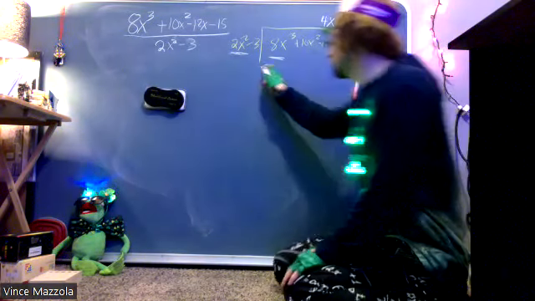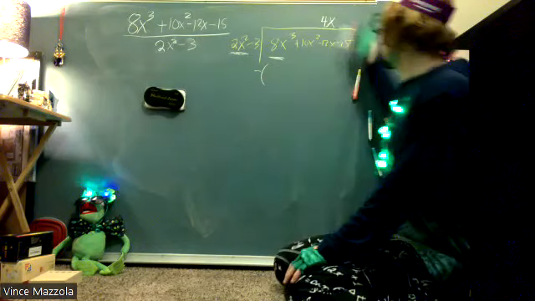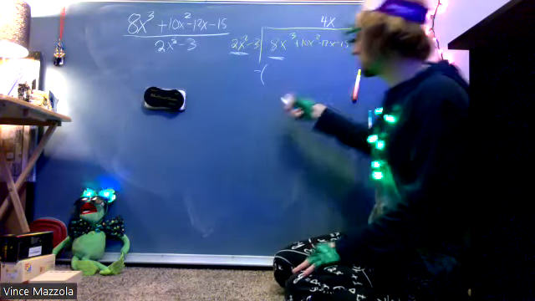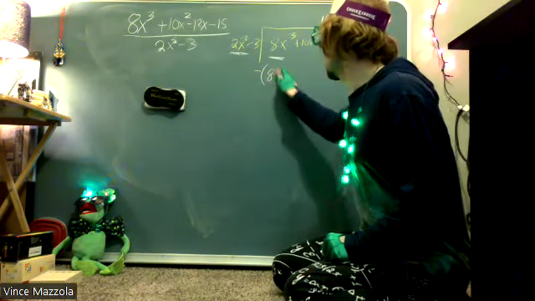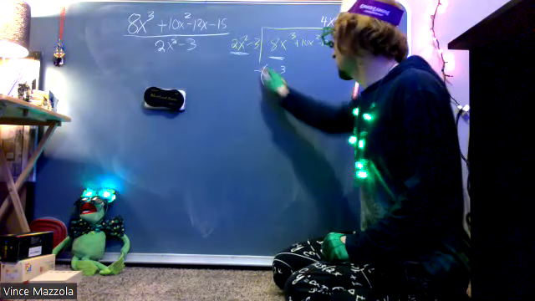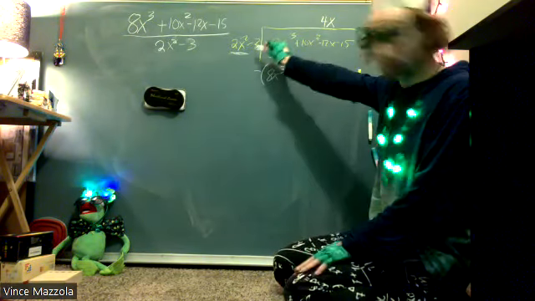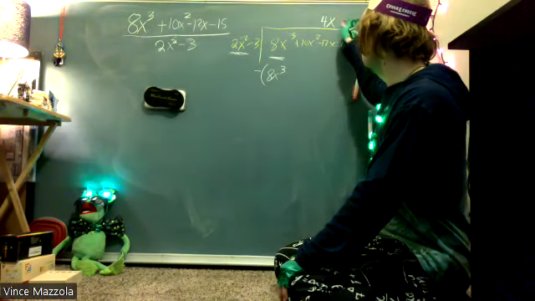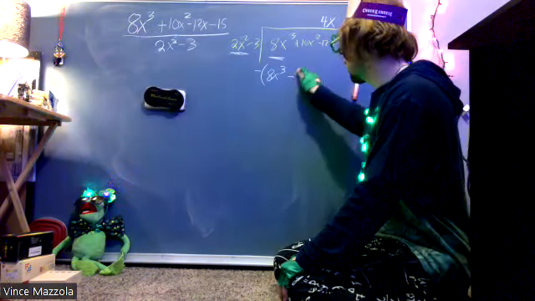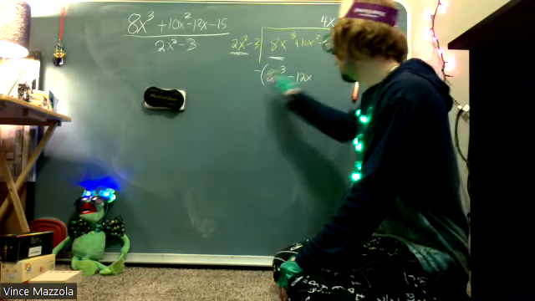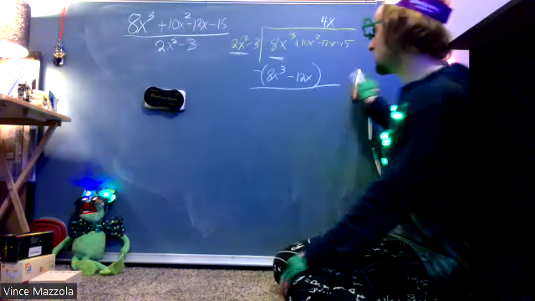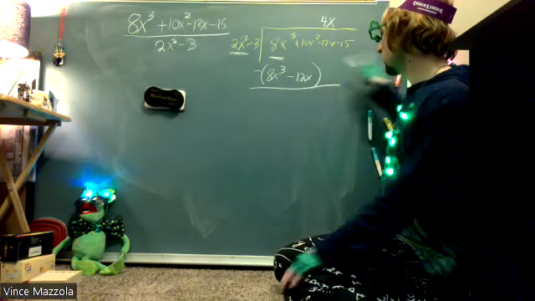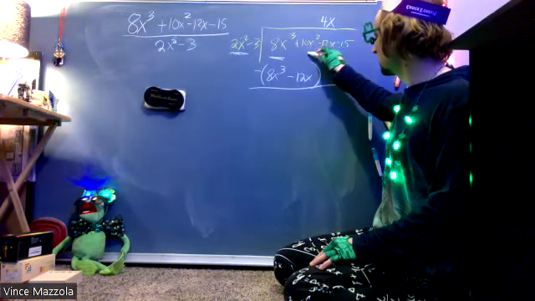Now we do subtraction. 4x times 2x squared is 8x cubed, and 4x times -3, make sure you multiply the other term too, is -12x. Now note, typically you would be bringing down this term.